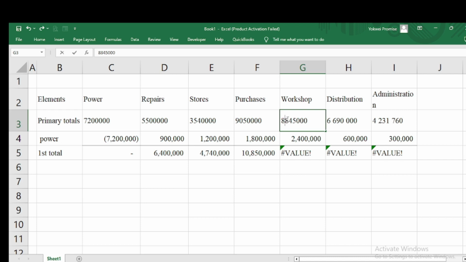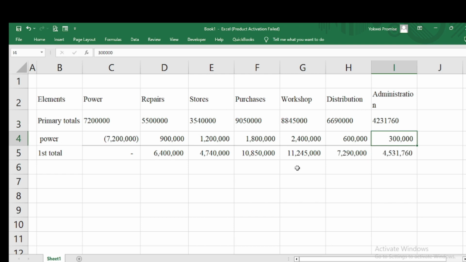So looking at this, you see that this operating system is recognizing this as text, not as values. So either you go and change them to values or you do what I'm doing now. Then they will give you these totals.